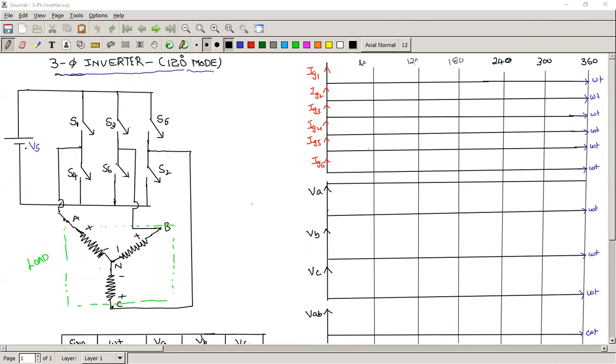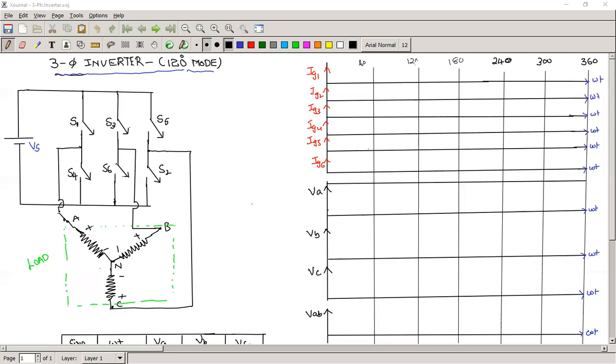In case of 120 degrees mode, once the switch is on, it has to conduct for 120 degrees. The delay angle between any two successive SCRs is 60 degrees to get the three-phase supply.